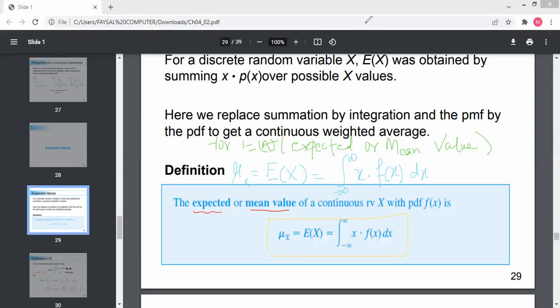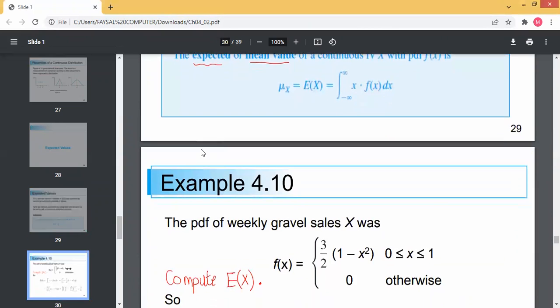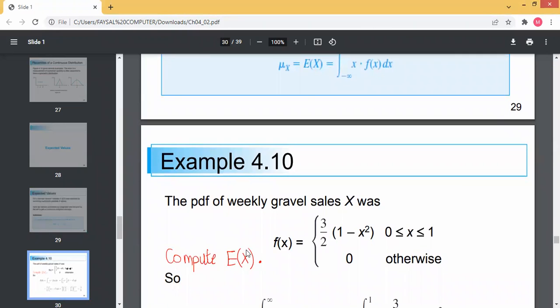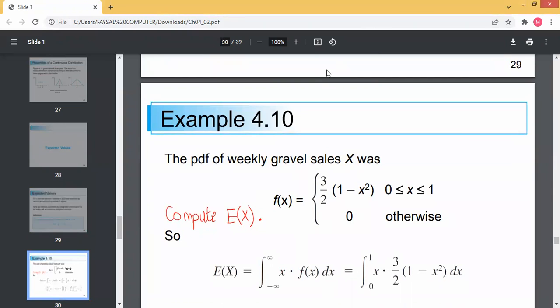So remember this. Now I have to apply this formula in my equation. I have to find E of X, so first I write the formula: E of X is the integral with negative infinity and positive infinity of x multiplied by f of x dx.